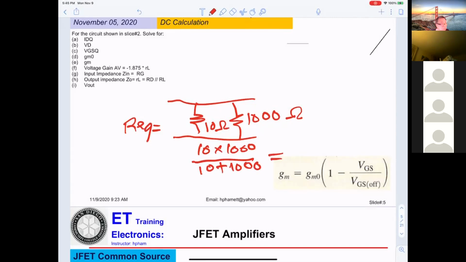Need a calculator. 9.9. Yep, 9.9. That's correct. It's less than 10. It always has to be less than the lowest individual resistor.